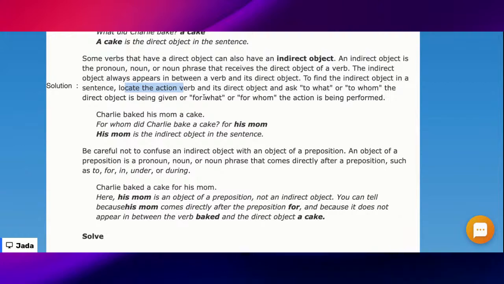Once we've located the action verb and the direct object, we would say to whom or for whom the direct object is being given, or for what or for whom the action is being performed. Okay?